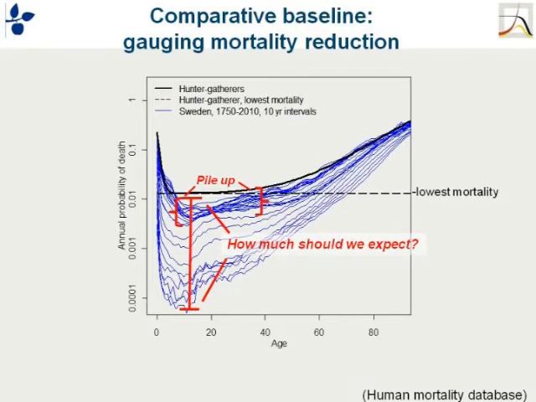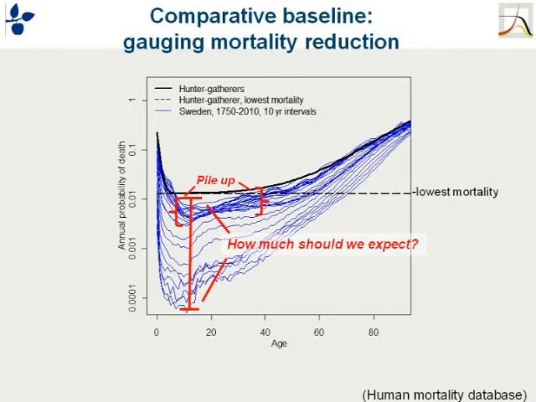So you can see that there have really been massive improvements in mortality since 1750. There's a pile-up here between 1750 and 1900. There was an improvement, but not a whole lot of improvement, if you view it this way.